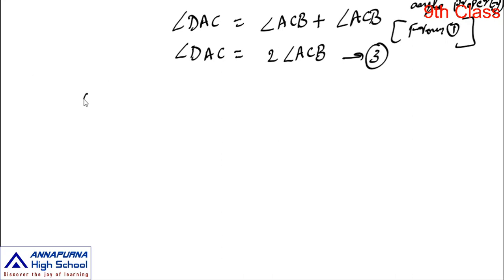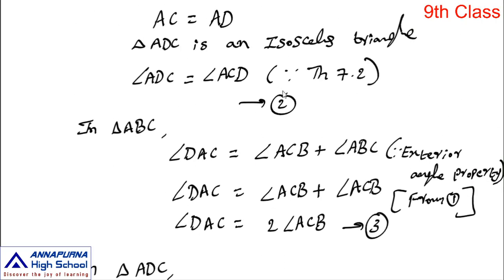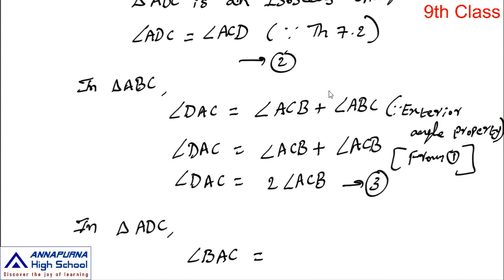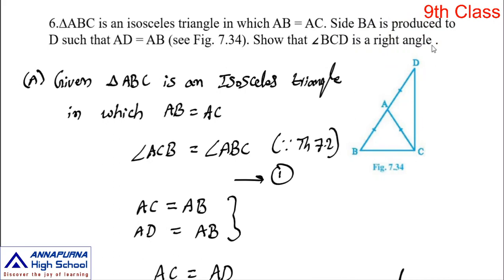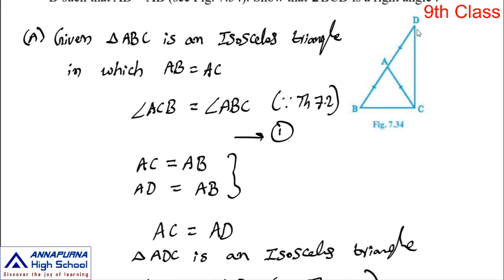In triangle ADC, angle BAC is equal to angle ACD plus angle ADC.